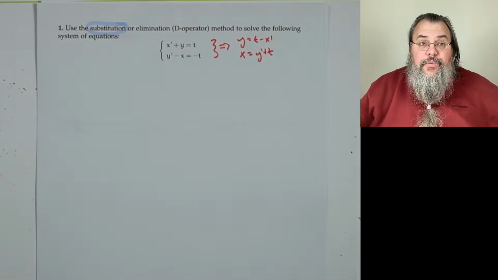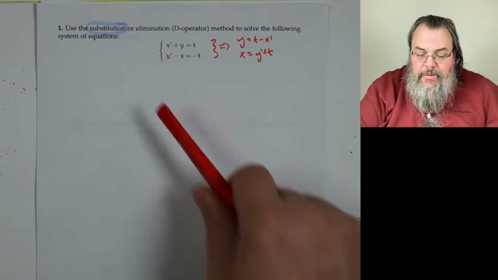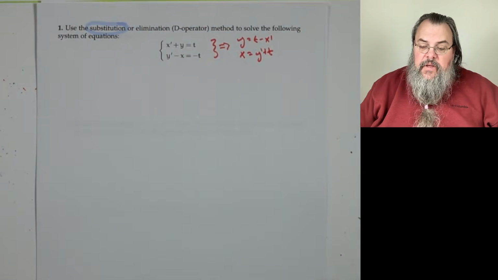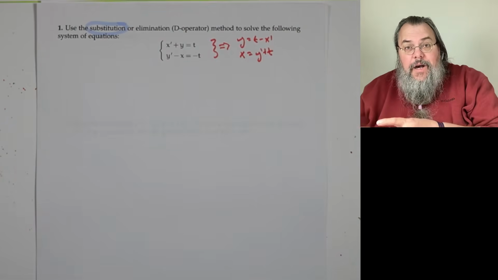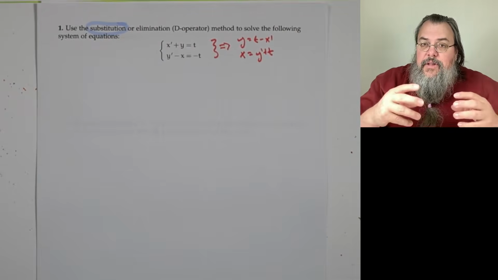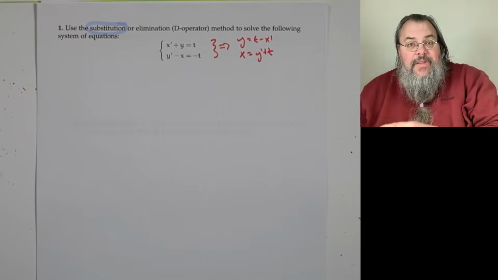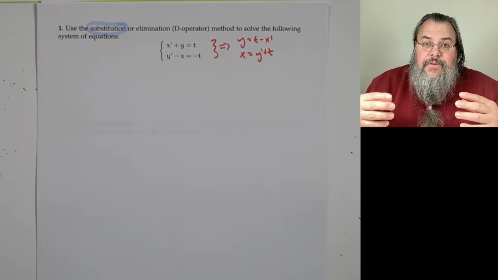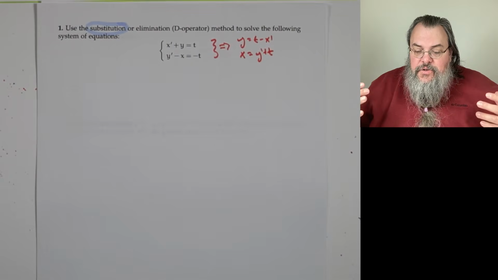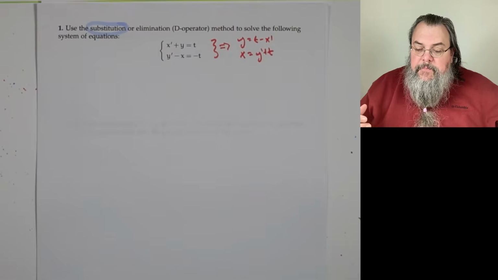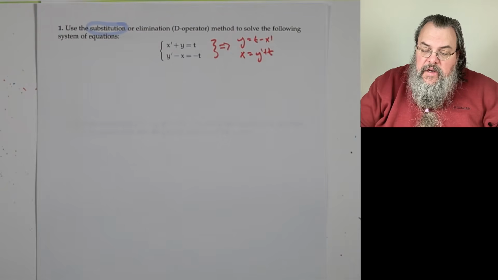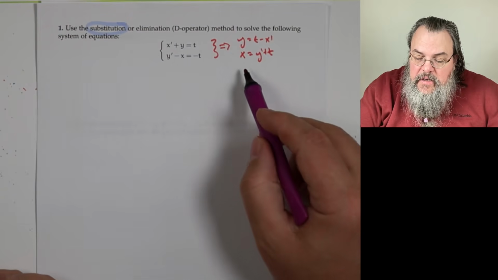These are both true statements. All we've done is move things around. But now, what does this do? It says we can replace y by things that don't involve y, or we can replace x by things that don't involve x. So we can choose. And it doesn't really matter at this stage which one we pick. So let's suppose I like the one without a minus sign.